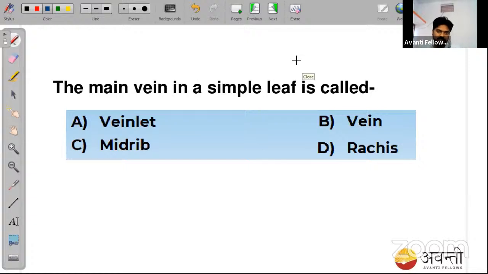Correct, Tejas. Correct, Pritam. Please answer in the poll. Students from Zoom, please answer in the poll.